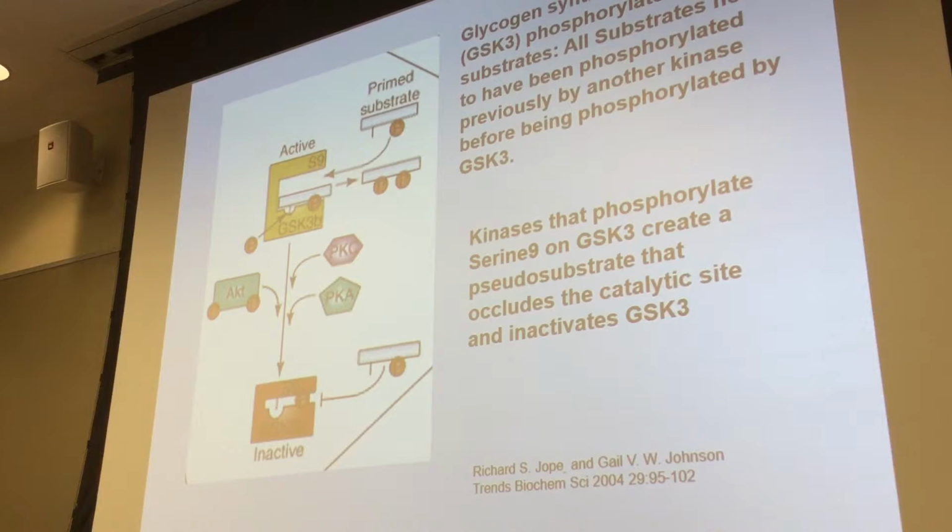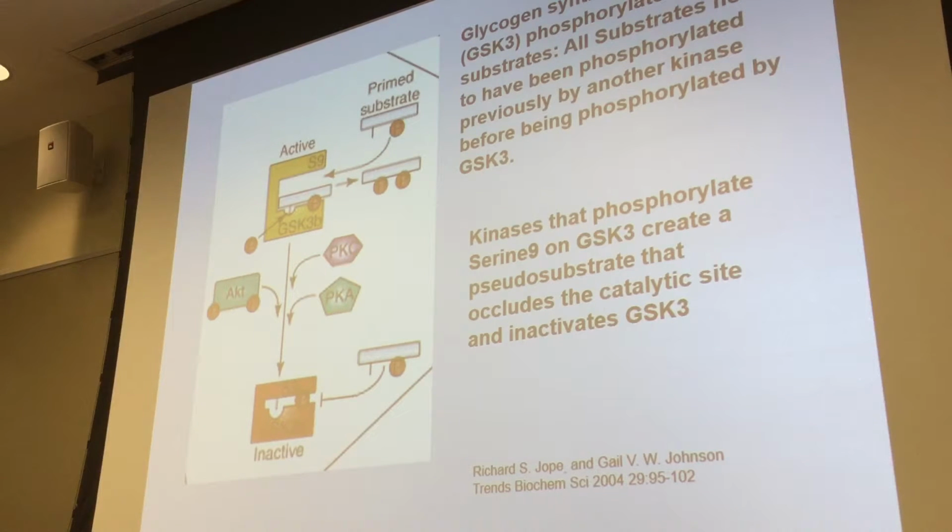So the first thing to understand is that the glycogen synthase kinase has to have this phosphate removed in order to open up this site so that the primed phosphorylated substrate can put its phosphate here in this region and get phosphorylated a second time.